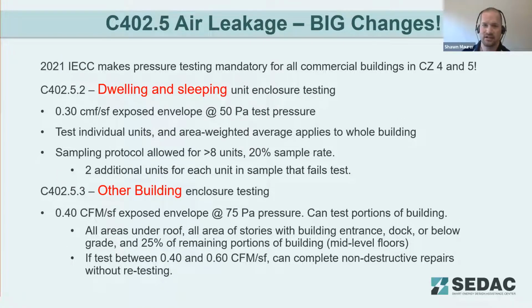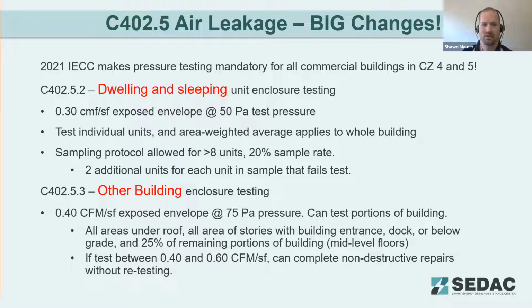But the big change here that I think most people are concerned with is the air leakage requirements for commercial buildings. So the 2021 IECC has made this a requirement for climate zones 4 and 5. There are some exceptions, but they don't fall in our climate zones. So all commercial buildings must have air leakage testing done.